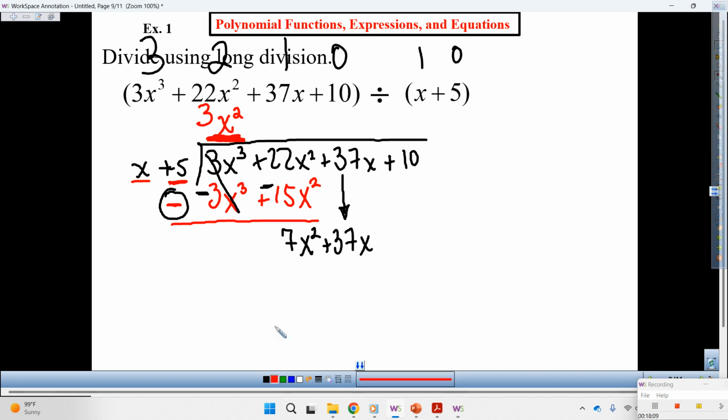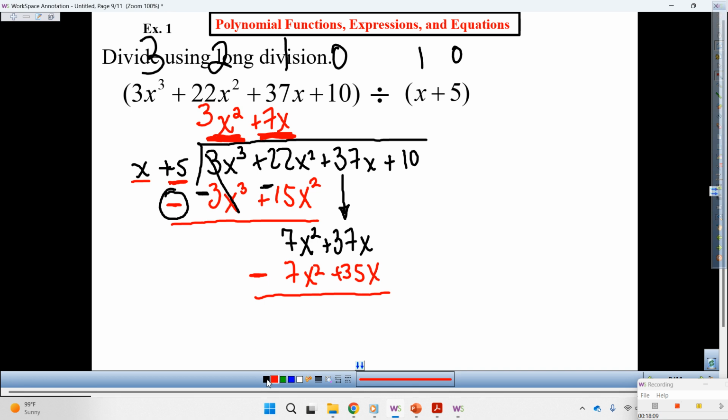Let's do the process one more time. We're up here again. What number times x gives me 7x squared? Tell your neighbor what that number is. What number times x will give us 7x squared? One number times x. Renzo, go. Positive 7x. That is correct. Positive 7x times x is 7x squared. 7x times 5, that's positive 35x.